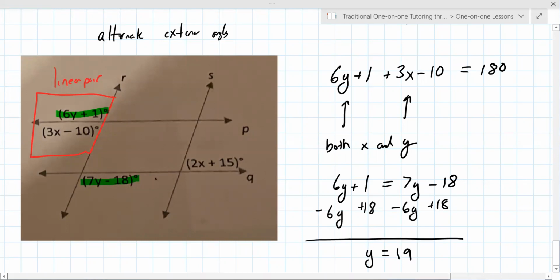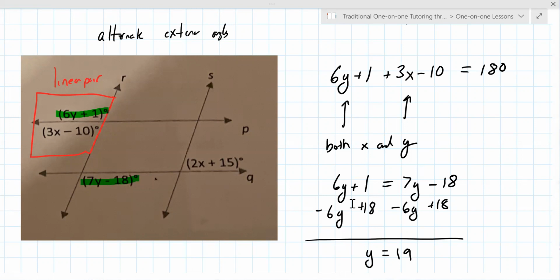So go ahead and get this down. And after that, we're done. No, we got a last part of the problem.